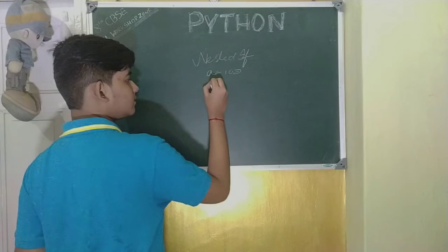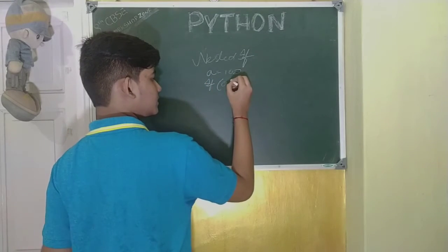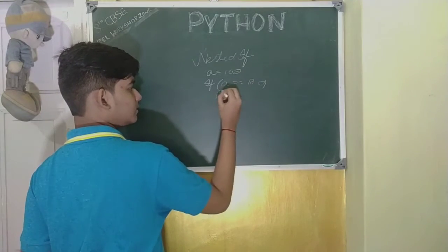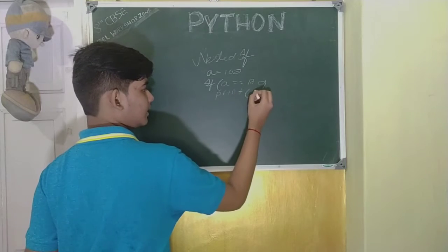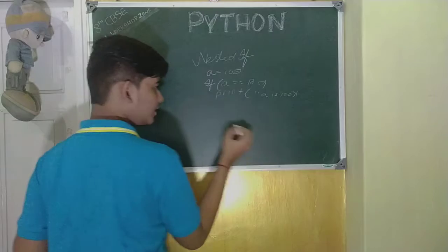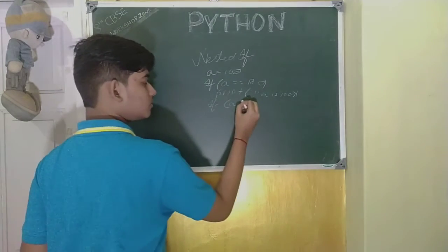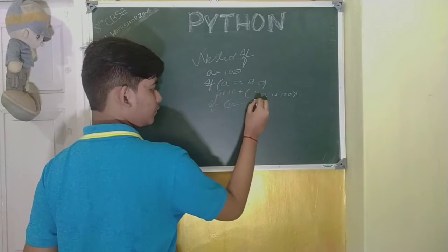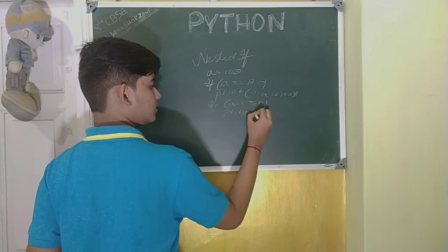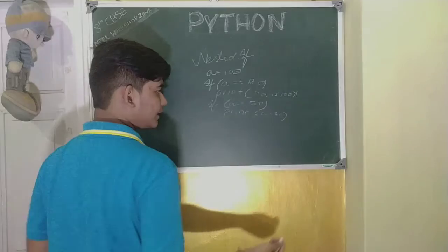So let's say something like if A is equal to 100, print "A is 100". Now over here you can again write if A is equal to 50, print "A is 50", and you can end it like that.